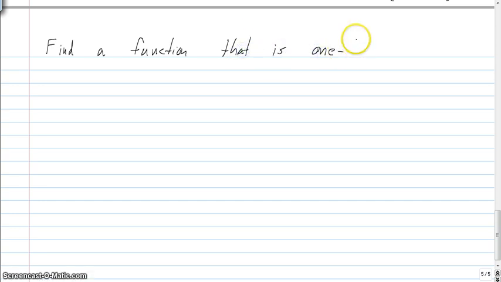So let's do something like this. Find a function that is one-to-one but not onto.